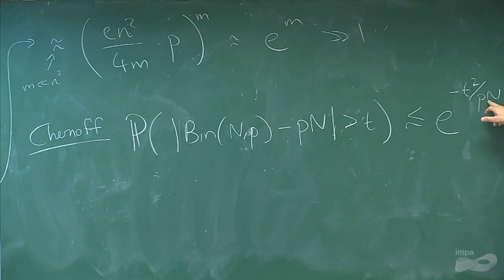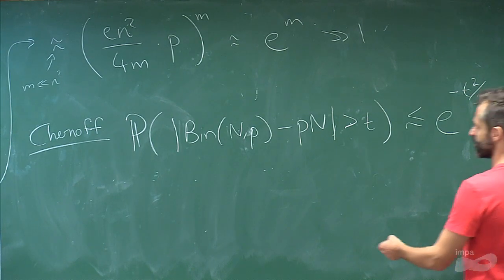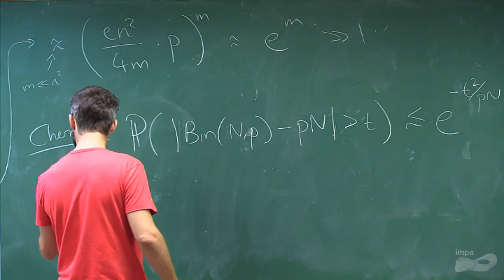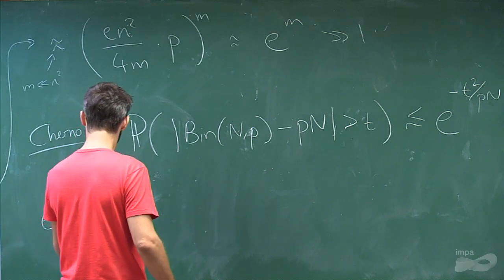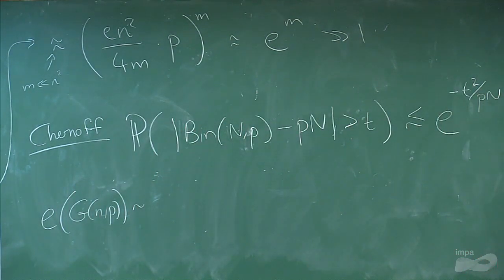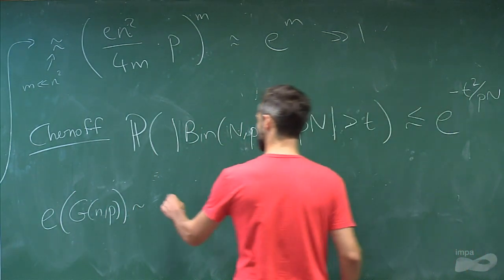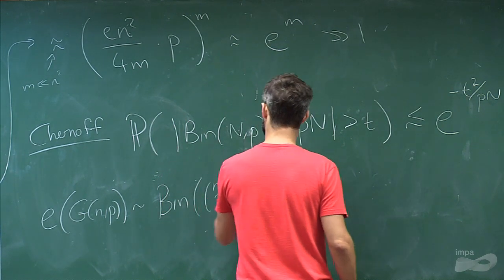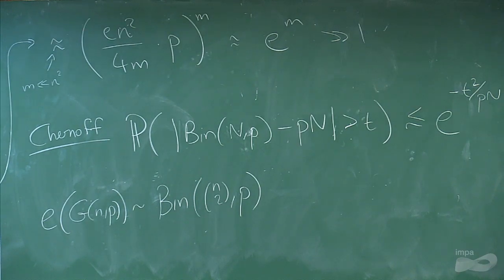So for us, what's the distribution of the number of edges of G(n,p)? Binomial, n choose 2, p. Right?